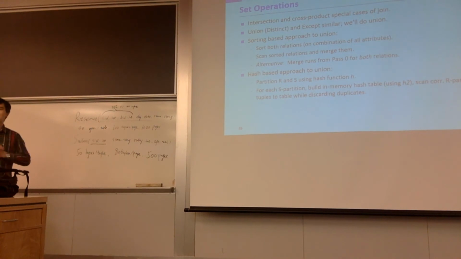If it's a duplicate, then you drop it. That's the approach for distinct union. Then except is basically the reverse of the logic.